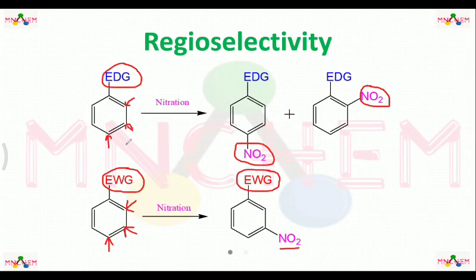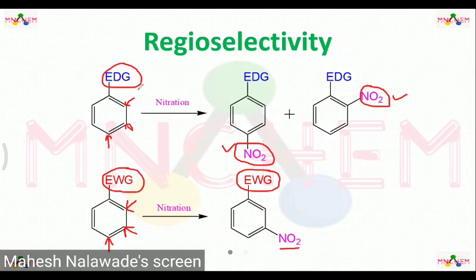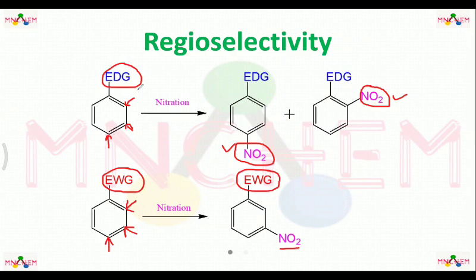Out of the three sites available, the reaction occurs at the para and ortho positions only. So this is regioselectivity. Electron donating groups direct the incoming electrophile to the ortho and para positions.